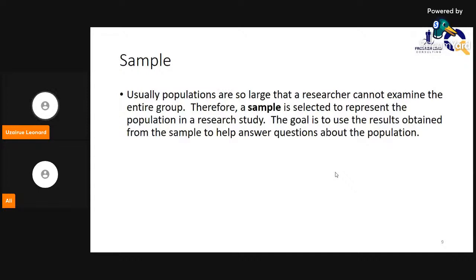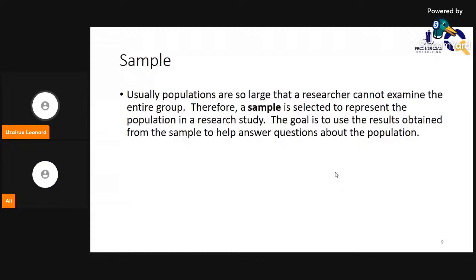So you determine your population, then you determine the sample size. That's why for most studies they will always ask you what your sample estimate is, because they know you cannot study the whole population. So you have to tell them what your sample estimate is.